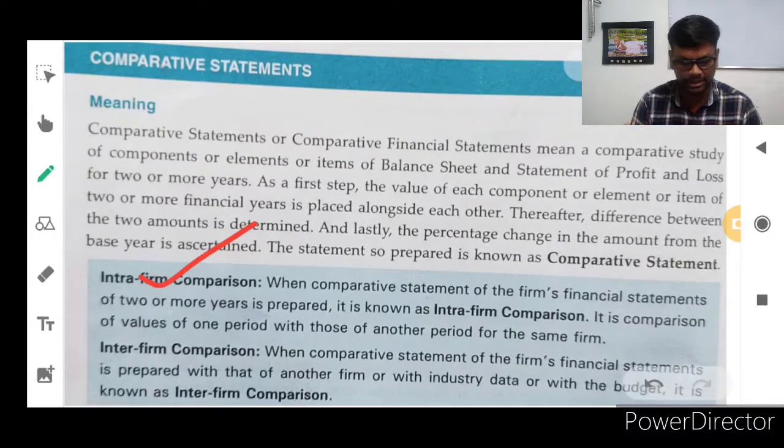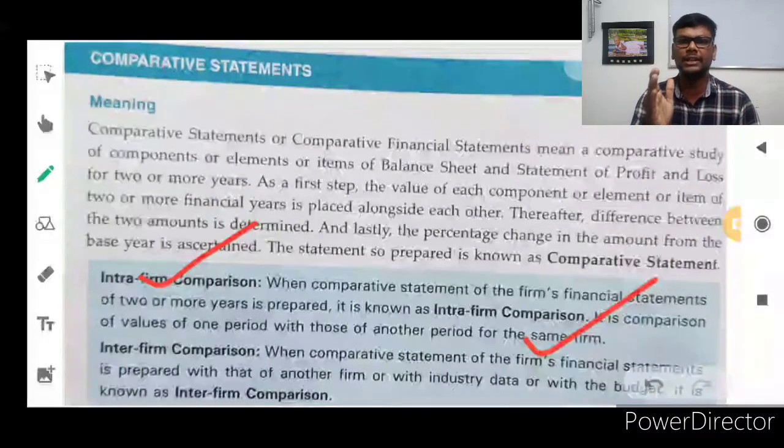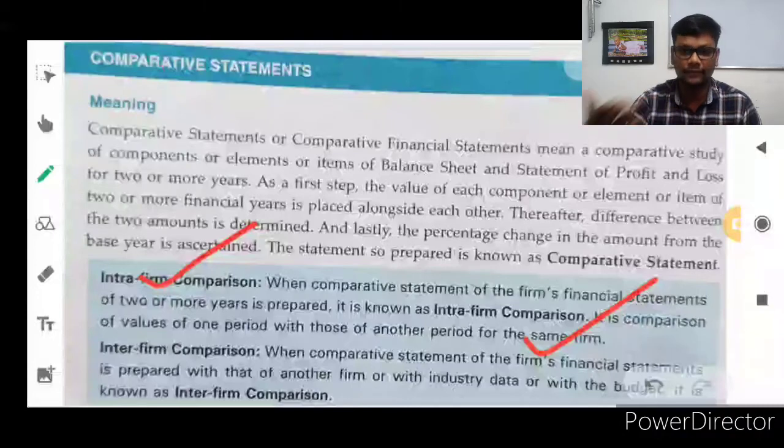It is comparison of the value of one period with those of another period for the same firm, which means within the firm one period is compared with another period, that is, the present year balance sheet is compared with the previous year balance sheet. And what is inter-firm comparison?